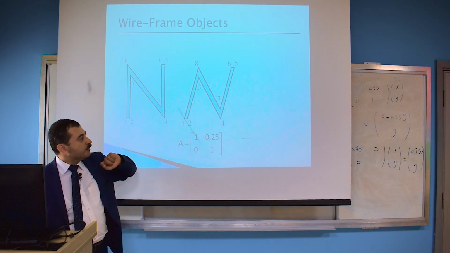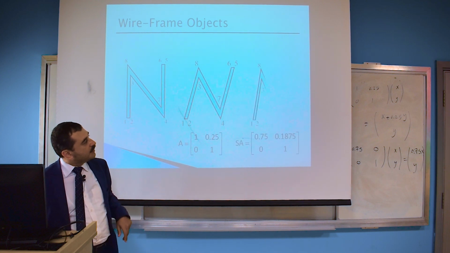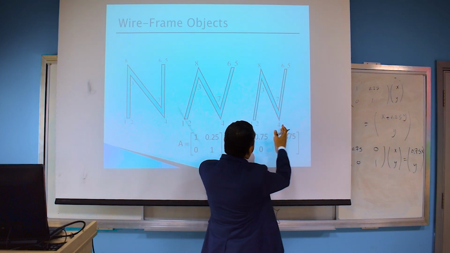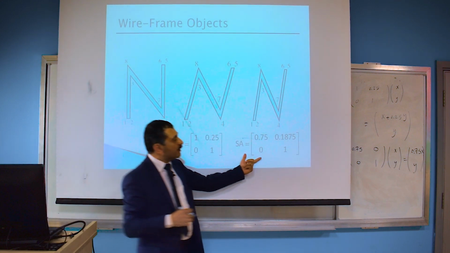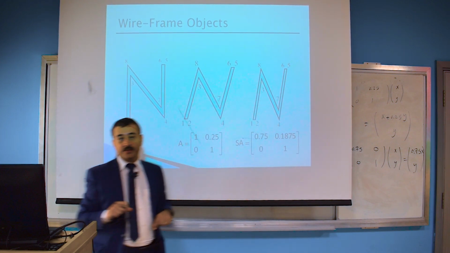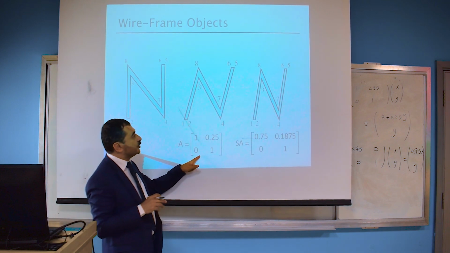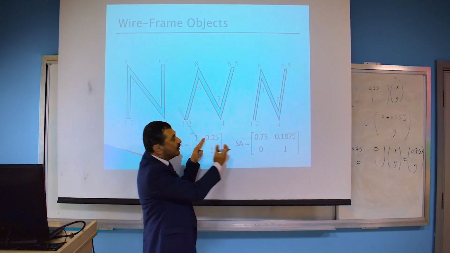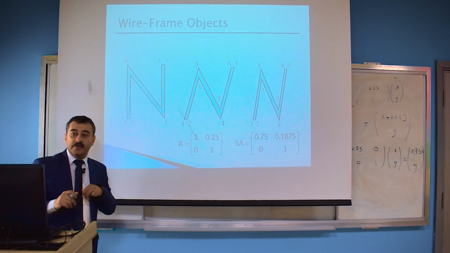If you then scale the letter N in the x direction by 0.75, you will get this letter N, which is somewhat narrower than this one. So this product you can apply directly on the letter N to get this transformation. This is because when you do the shear effect, the letter gets wider. So you can then scale it again in the x direction to be the same size as the original N.